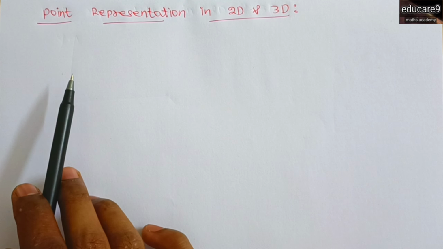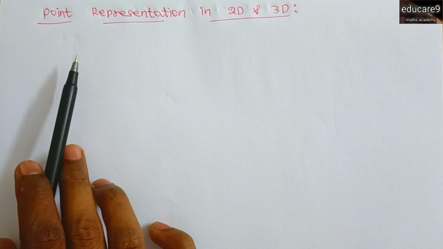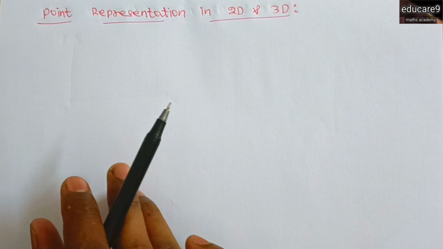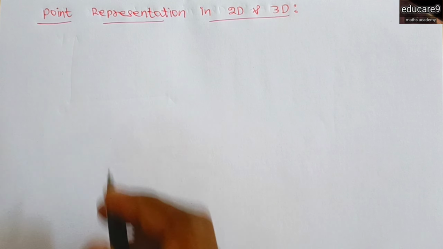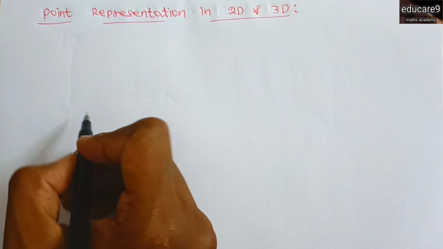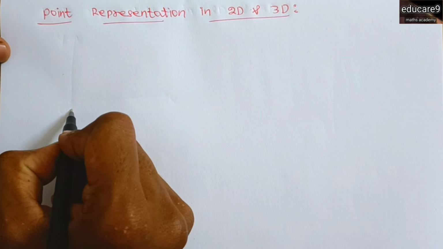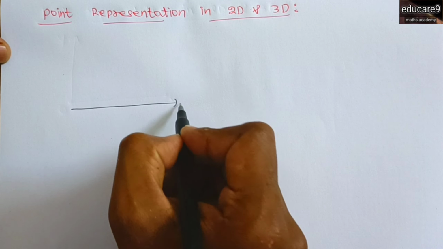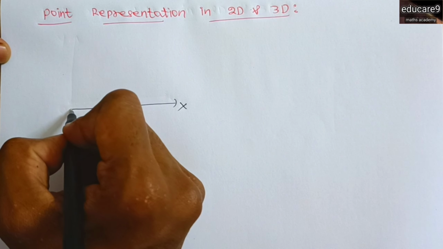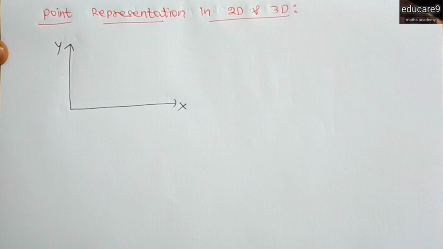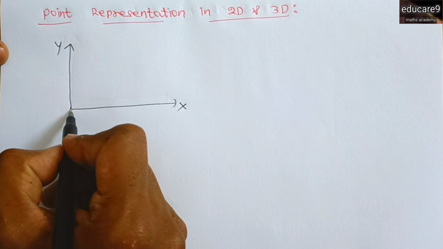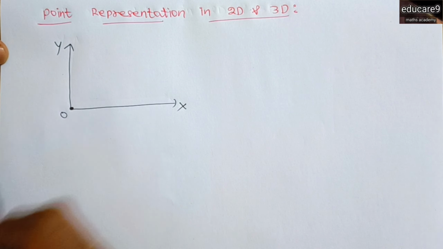So coming to the next topic, how to represent a point in 2-dimensional as well as 3-dimensional. First, 2-dimensional. For 2-dimensional we consider the 2 axes. This is the x-axis and this is the y-axis, and the point of intersection of the axes is the origin.